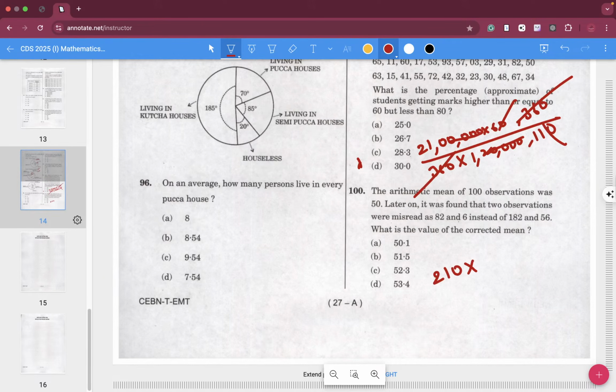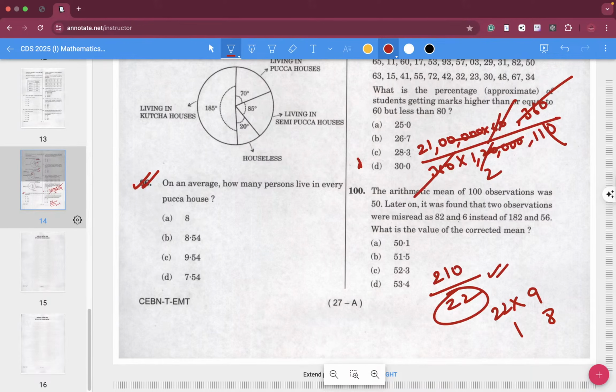So this is how much? 210 into, now can we say that this value goes over here 2 times? So 210 divided by 22 is what you have. We are solving question number 96 over here. Obviously this will not give you 10. 22 into 9 is 198.